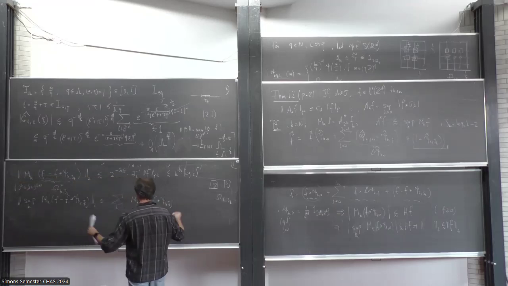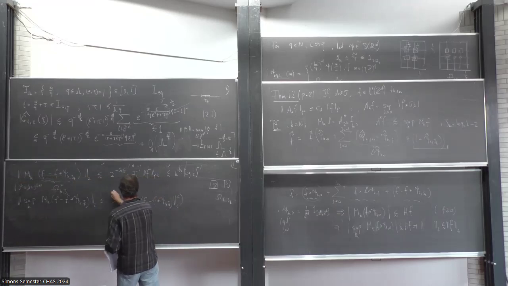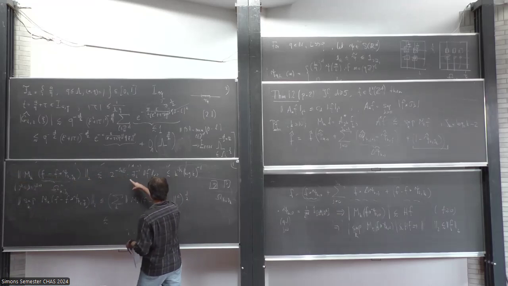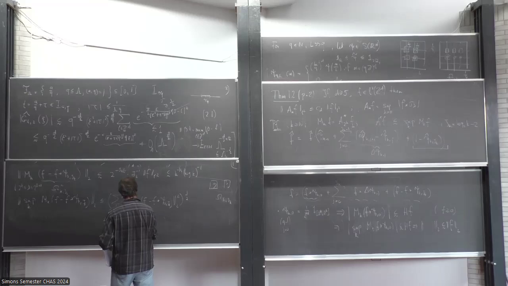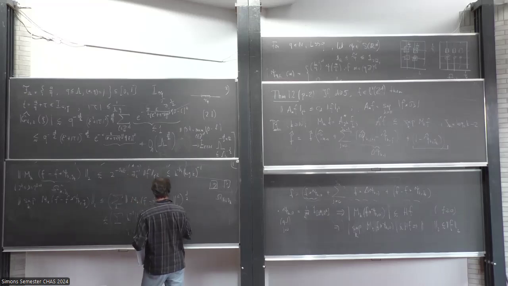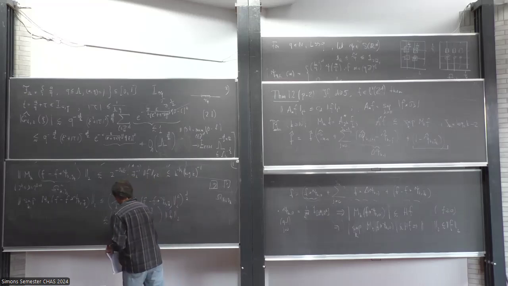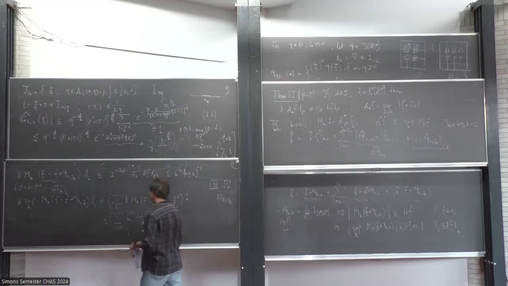The square, then you integrate, you take the square to the 1/2, and that is bounded by the sum of these terms, so that is the sum of k to the minus 1 log k to the minus 2 times the L2 norm of f, and this is bounded because of the log k factor.